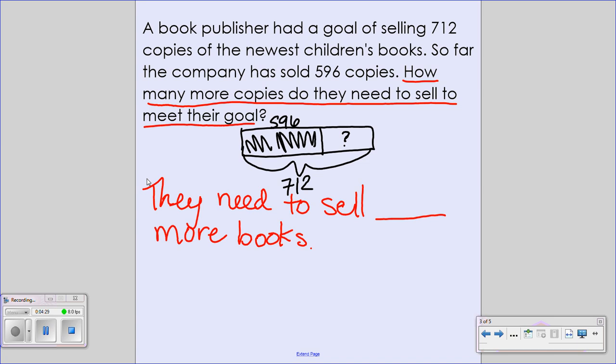That would work too. Cord, is that what you're thinking? Yeah. Georgina, what were you thinking? The book publisher needs books to reach his goal. Let's add the word more in there. But other than that, yeah, I like it. The book publisher needs blank more books. Diana, what do you have? The publisher has to sell blank more books. Yeah, blank more books.